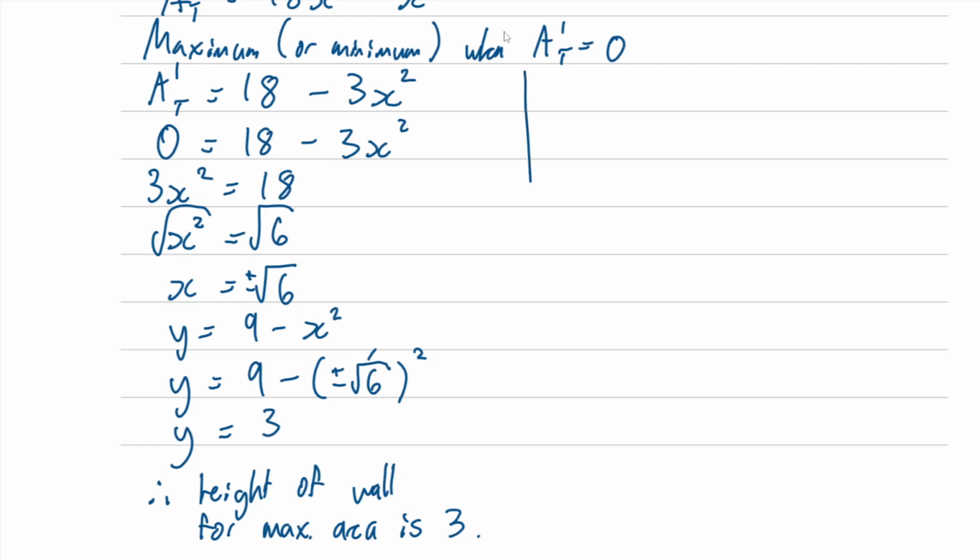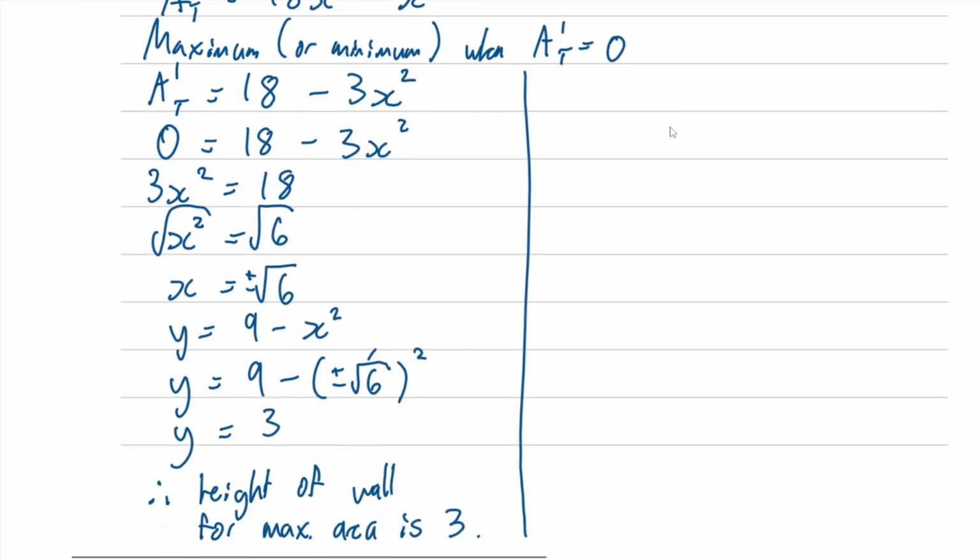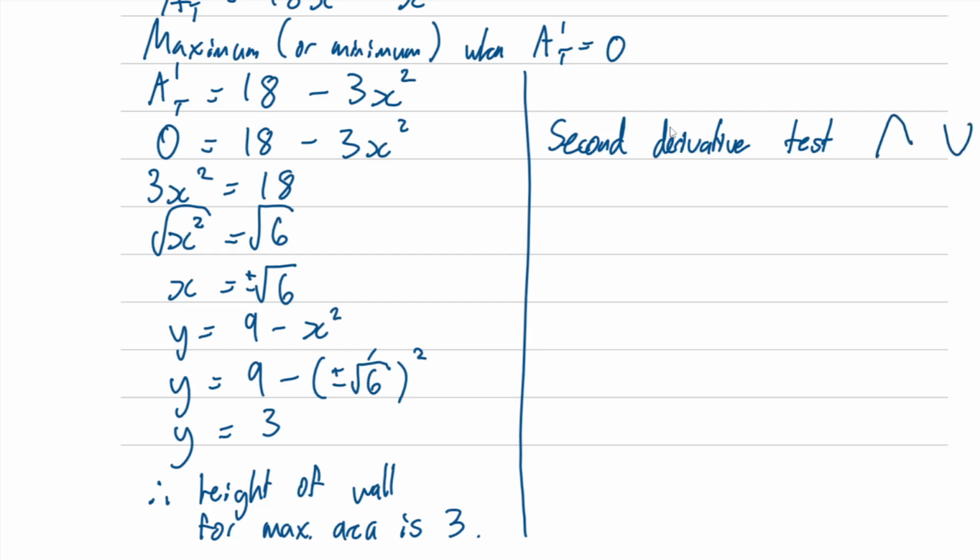Now, how do we justify that that is a maximum? You have many options. I'll show you one of them, which you might not have learned in class yet. It's called the second derivative test. Basically, this is a way that we can check if a point, a given x value, is either a maximum or a minimum. So the test is as follows.